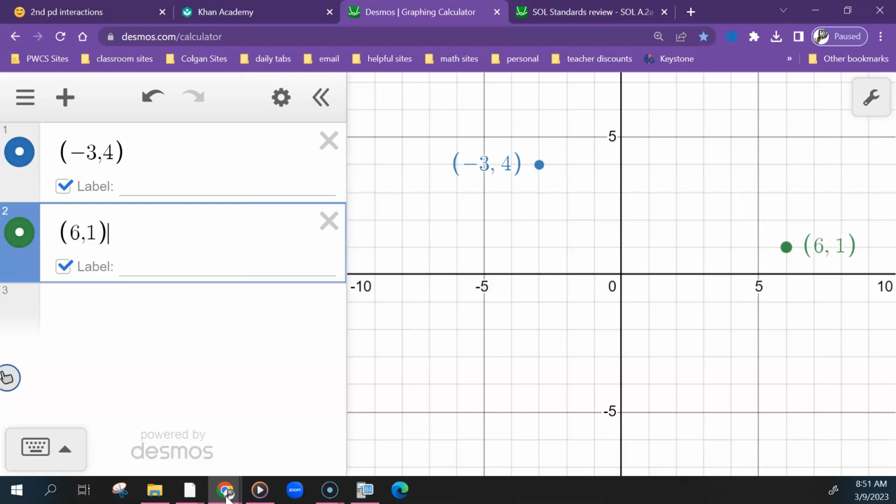So 1, 2, 3, 1, 2, 3, 4, 5, 6, 7, 8, 9. -3/9 to -1/3 should have been your slope. m equals.